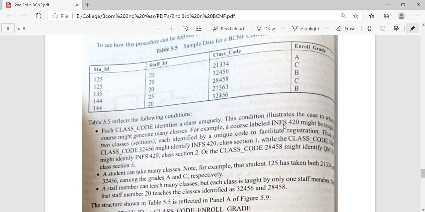The same course is being taught in 2 sections. When this course is taught in section 1, it is given one class code, that is 32456. When this course is taught in another section, section 2, then it is given another class code.